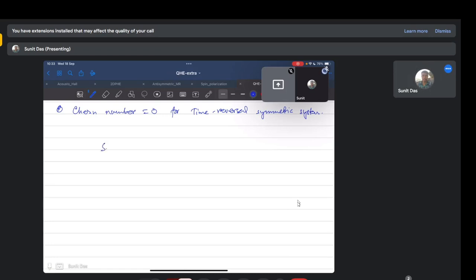So the Chern number for up spin and the Chern number for down spin, this we can define, and this doesn't necessarily need to be 0. C up and C down may not be 0, but when you add them to get the total Chern number in the system, C up plus C down, it must be 0 because of time reversal symmetry.